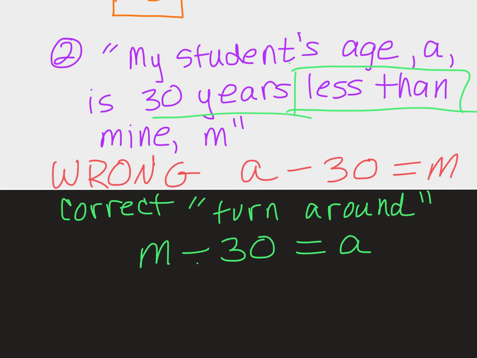You're still subtracting 30, but you're doing it backwards. So less than, I'd say that's the number one thing that we miss, because you have to think of it as backwards. It's called a turnaround phrase for a reason, because it feels backwards. Whatever I said last, you're going to put in there first.